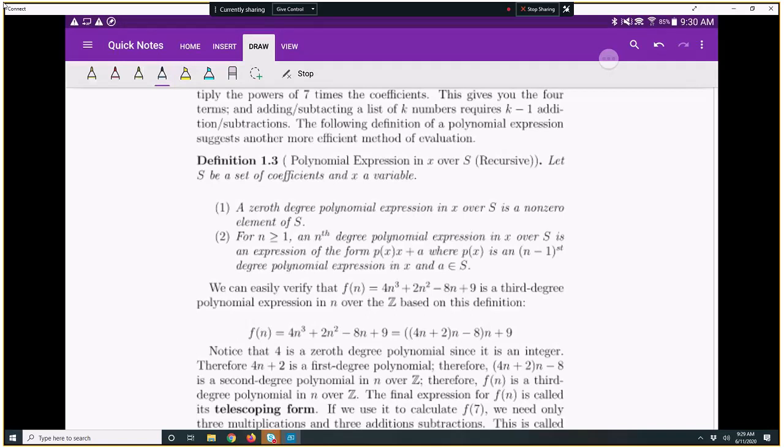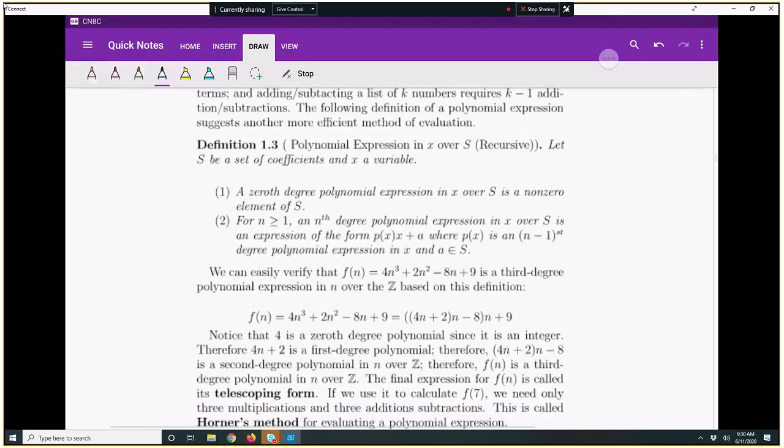For n greater than or equal to 1, an nth degree polynomial in x over s is an expression of the form p of x times x plus a, where p of x is an n minus 1 degree polynomial. So essentially what this is saying is that recursively we can define the polynomial in terms of lower degree polynomials, products of lower degree polynomials.